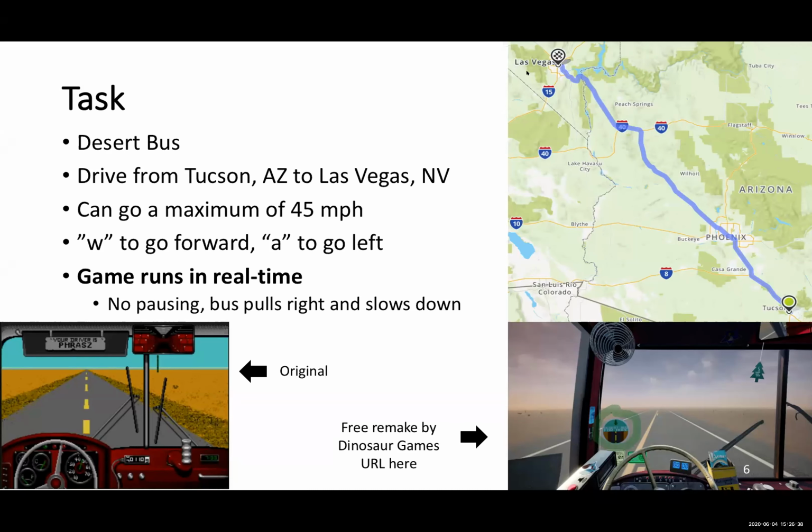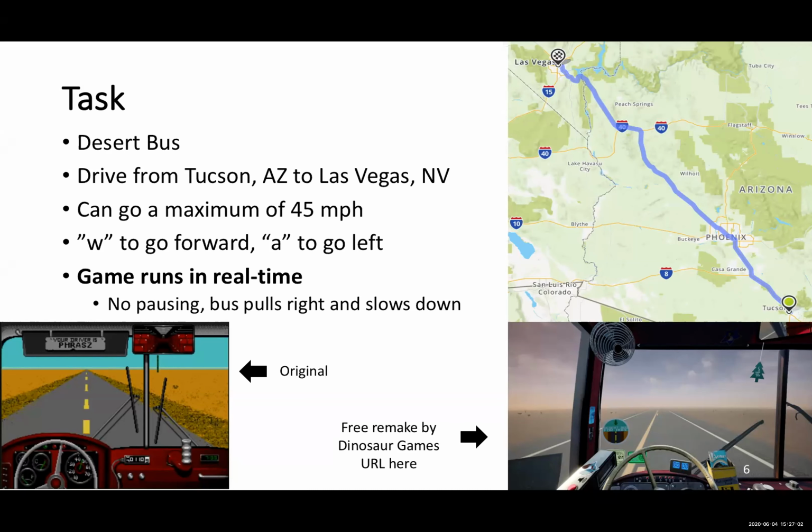The player controls it by using the WASD keys, so they can hold W to accelerate the bus. Pressing or holding the A key will steer to the left, D will steer to the right, and S will apply the brakes. Interesting thing about this game is that it runs in real time. So it will take about 8 hours in order to drive from Tucson to Las Vegas.